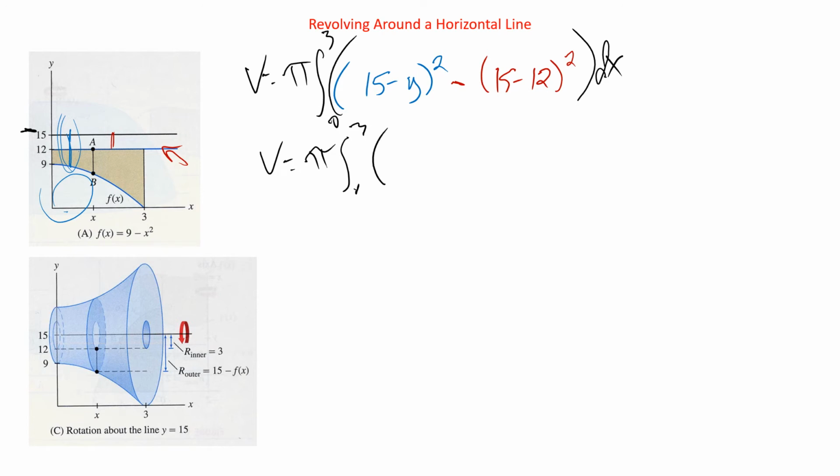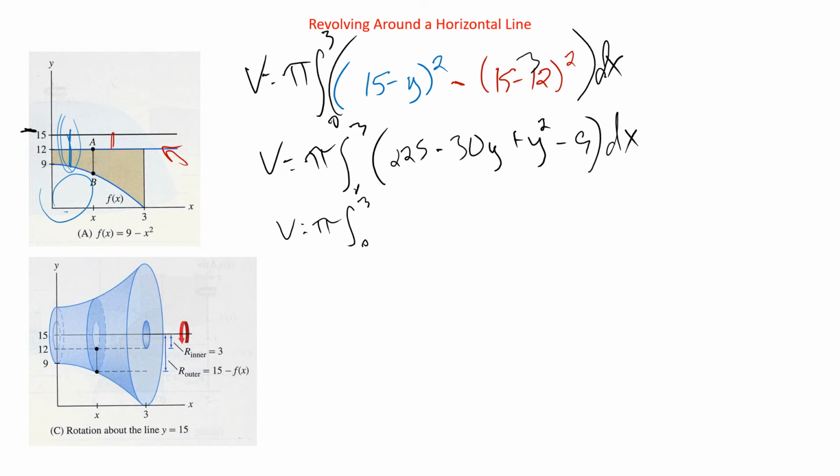This is 15 squared, which is 225. And then there will be a minus 15y, another minus 15y, so we'll have minus 30y plus y squared. And then minus, this is just 3 squared, so it'll just be minus 9, dx. We can simplify. We have the 225 minus 9.